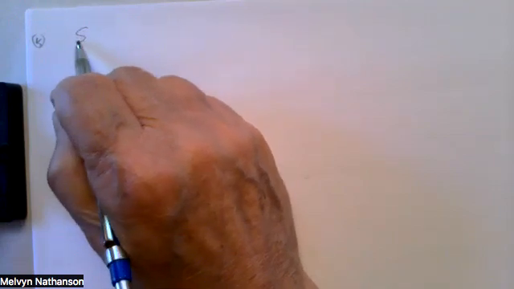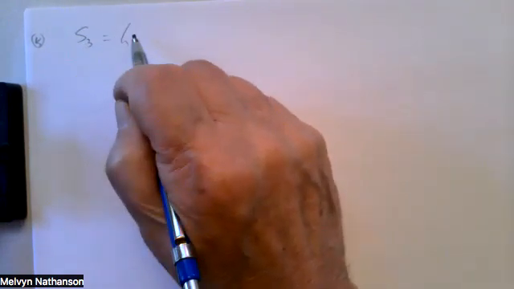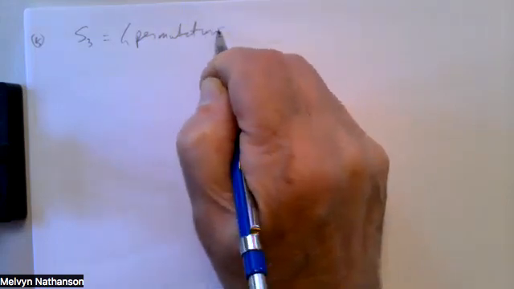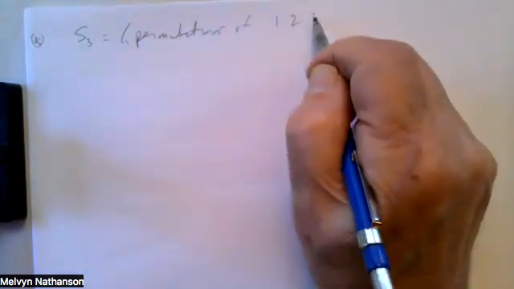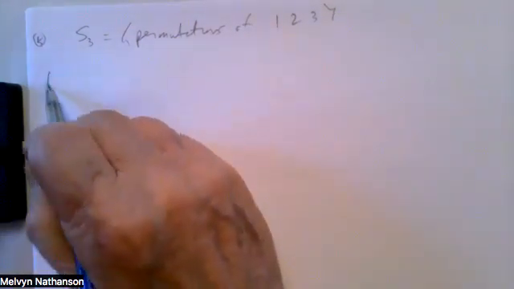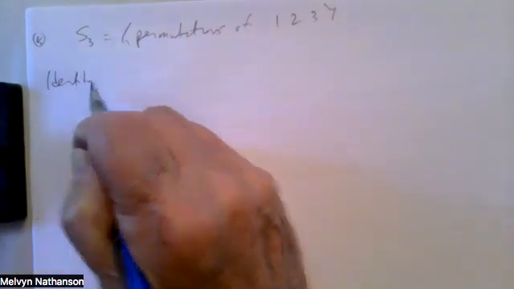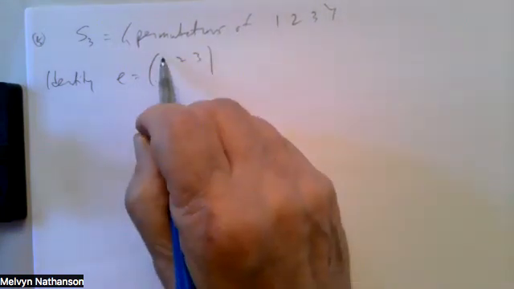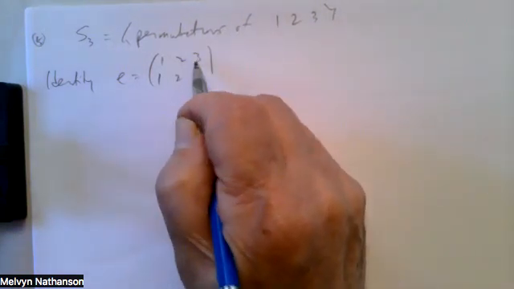So the set of permutations is S3, which is the set of all permutations of 1, 2, 3. So what are the permutations of 1, 2, 3? First of all, there's the identity permutation, E, which sends everything to itself, 1 to 1, 2 to 2, 3 to 3.